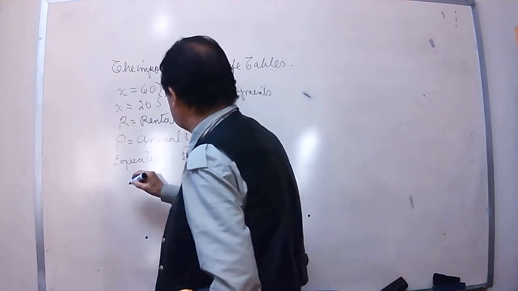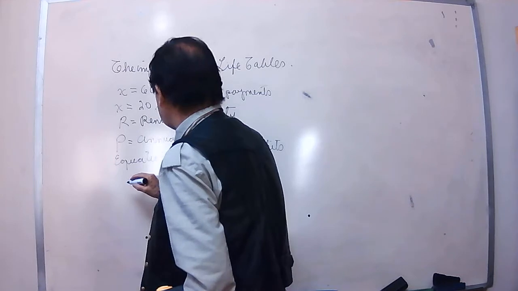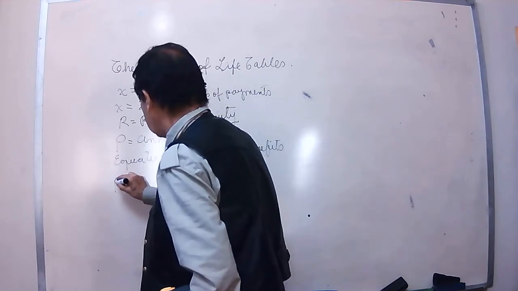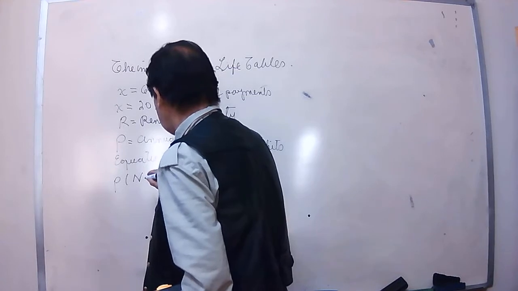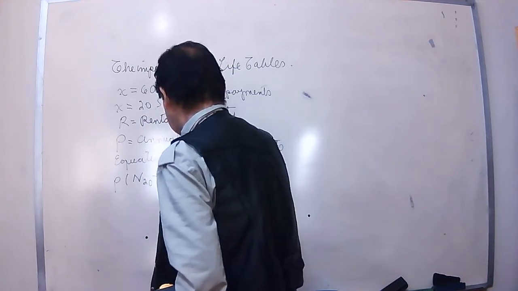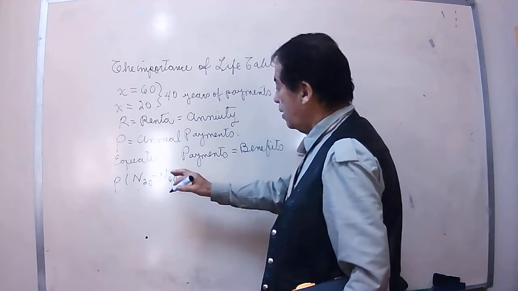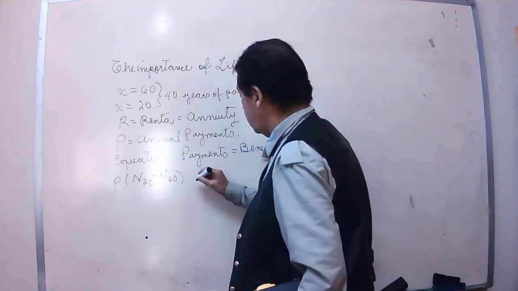In other words, the payments are going to be from age 20 to age 60. These are the payments. He's paying from 20 to 60.